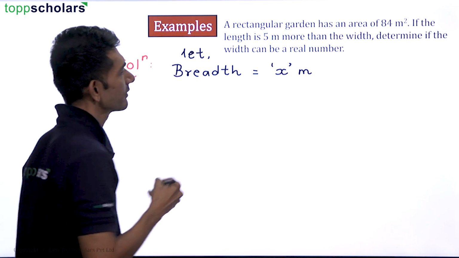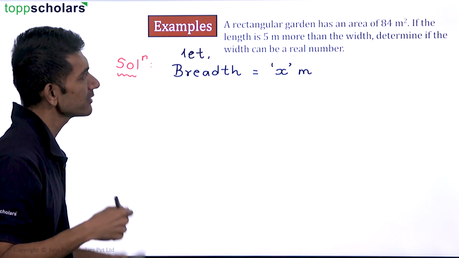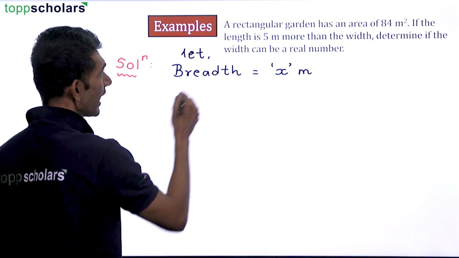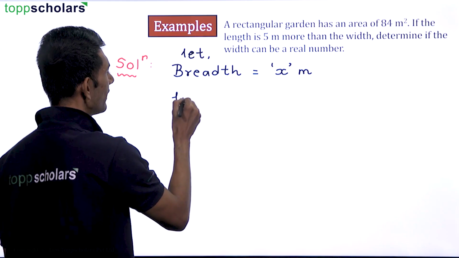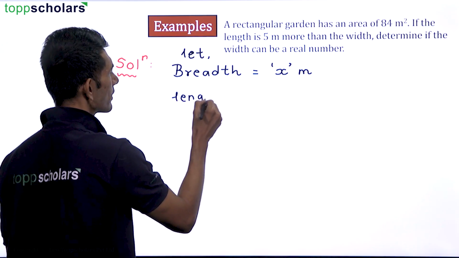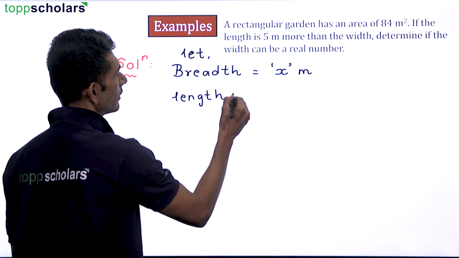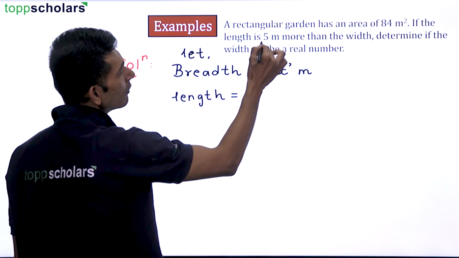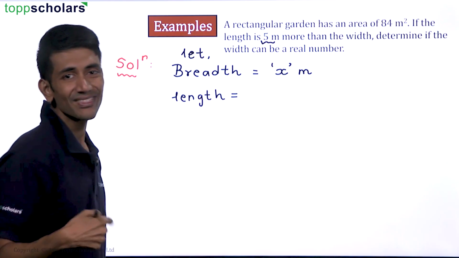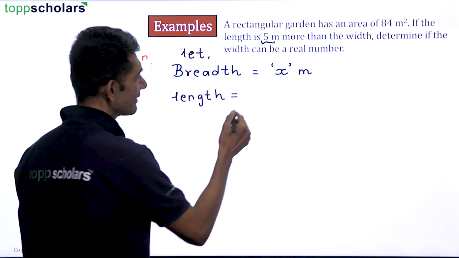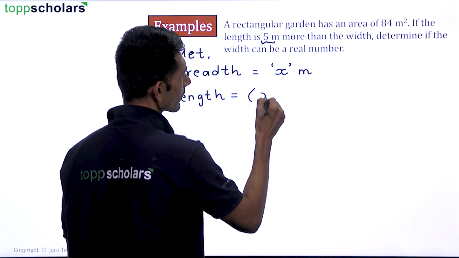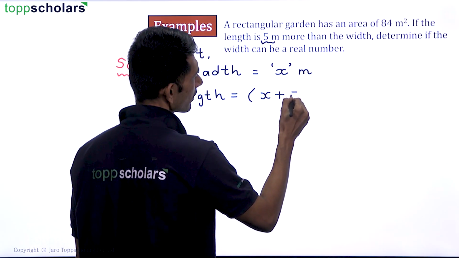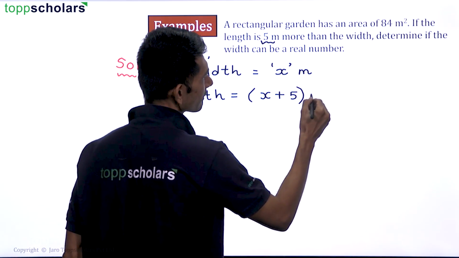I am taking x meters. Length is what? According to the given condition, the length will be 5 meter more than the width or breadth. So can I say the length is going to be x + 5 meters?